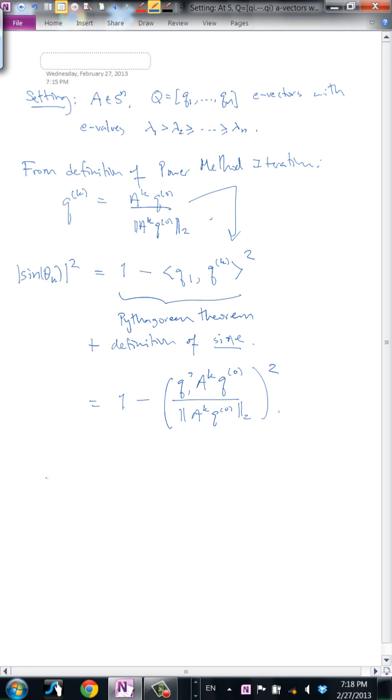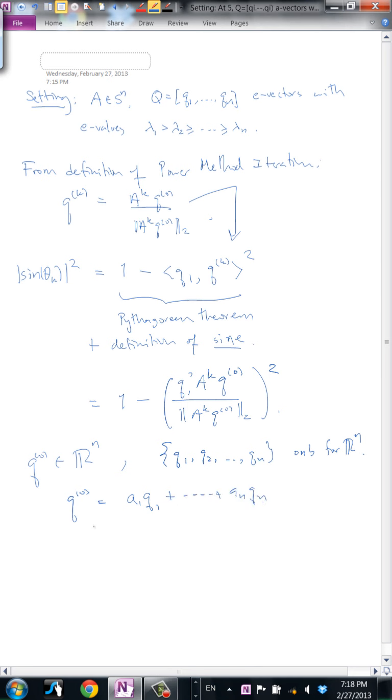Now here's what I'm going to do, and this requires one of our key assumptions. So q of 0 is some element in R n, and meanwhile q1, q2 up to qn is an orthonormal basis for R n. Therefore I can always write q of 0 in terms of this basis. So q of 0 is equal to some scalar a1 q1, etc., all the way up to an qn.